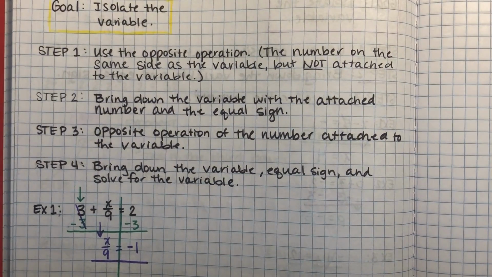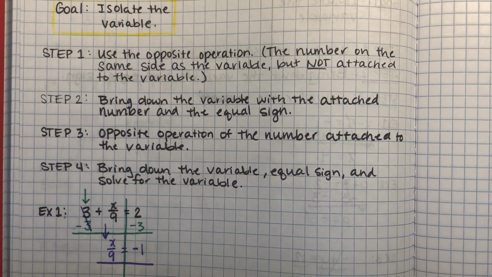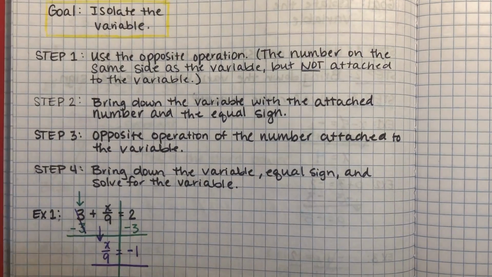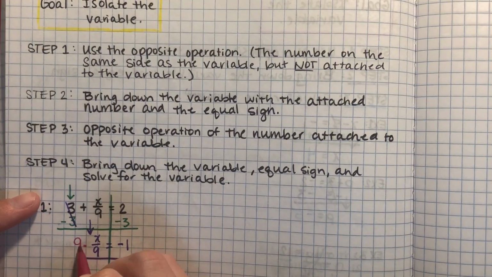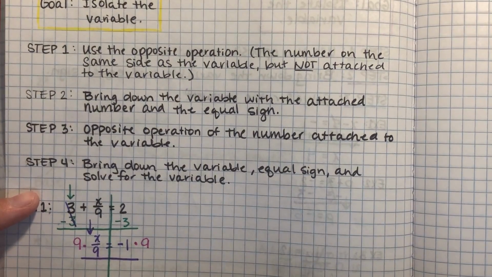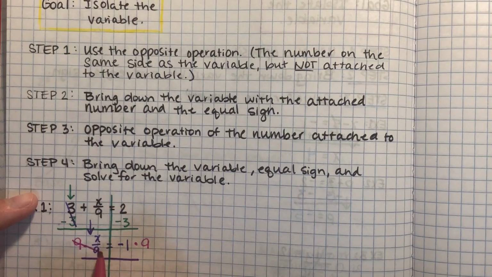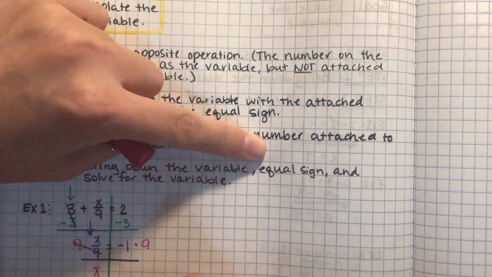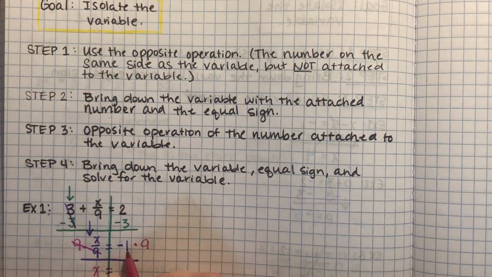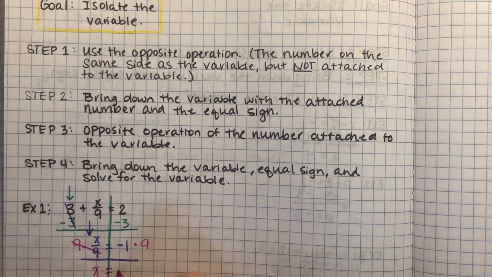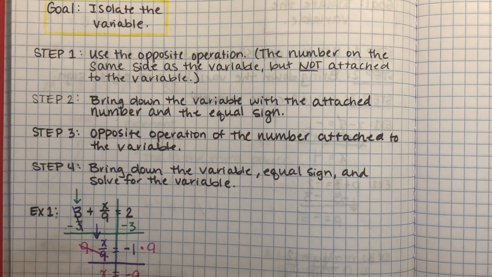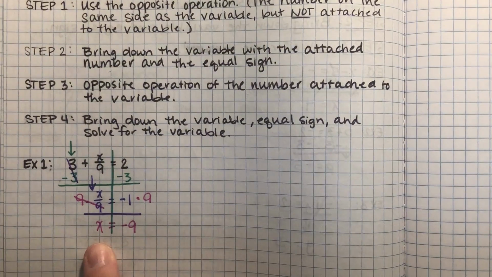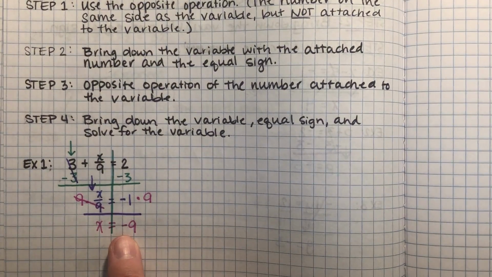So if we have this division, the opposite of division is multiplication. So we multiply both sides by 9. That cancels out these 9's. We bring down the variable, the equal sign, and solve for the variable. So negative 1 times 9 gives us negative 9. So our final solution is x equals negative 9. We have the x isolated by itself, and we have solved.